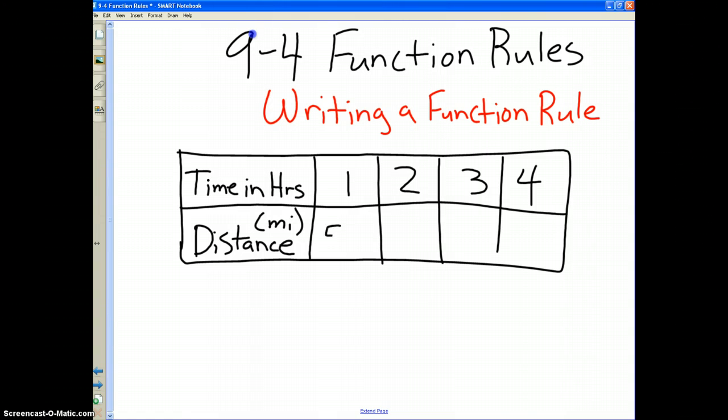The first hour we traveled 55, after 2 hours 110, after 3 165, and then after 4 220.